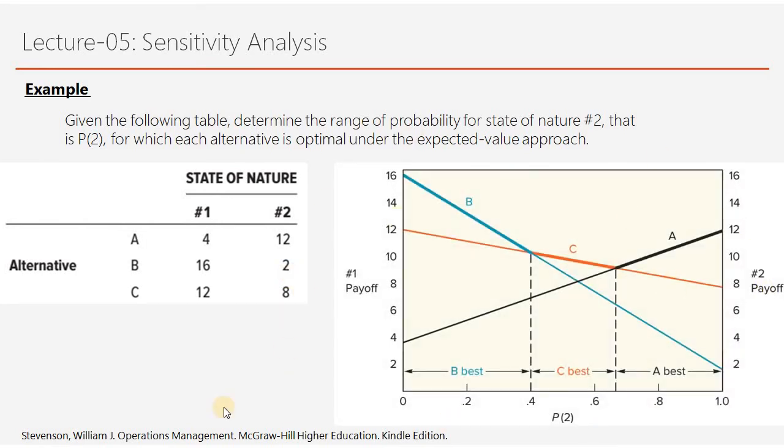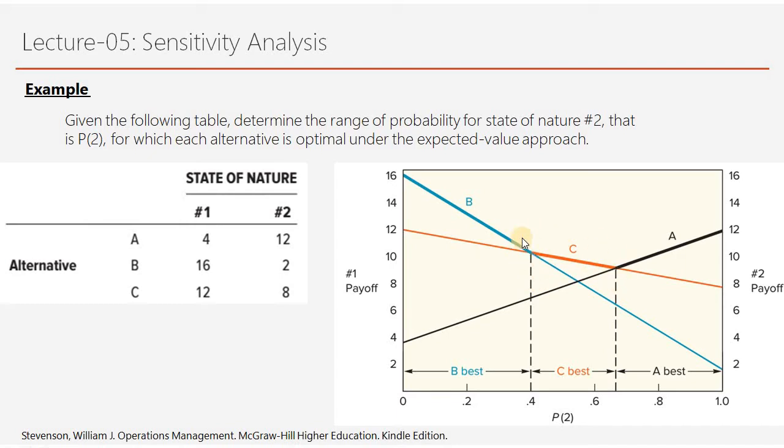So the plot will look like this. As you can see here, on the left side, we have the first state of nature payoff. At the right side, we have the second state of nature payoff. And we have the three alternatives, A, B, and C. They will be intersecting at some points.